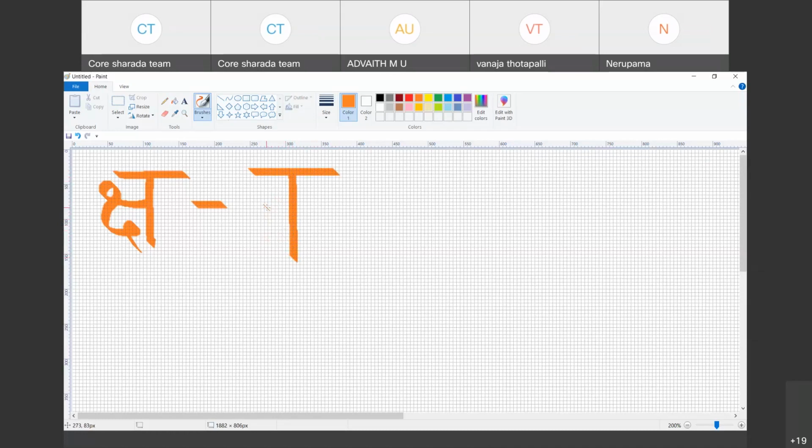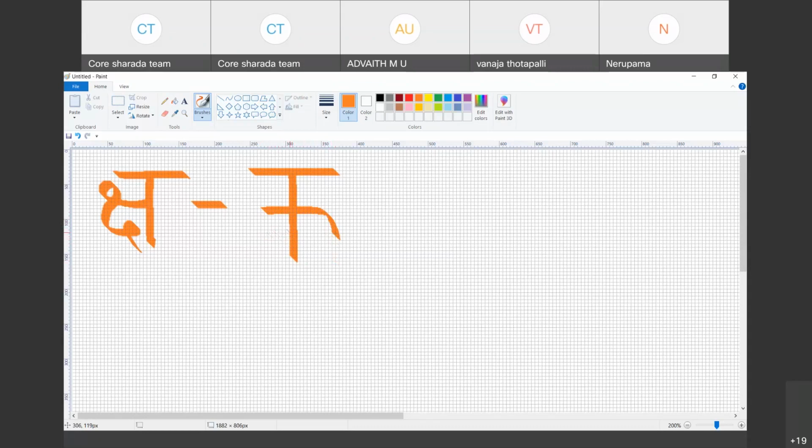Then from the middle of the Shirorekha, we will draw a line like this. Then like this, and we will stop it here. Okay, we will not stretch it further. We will not take it all the way along here. We will just stop it here. Keep it a little shorter.